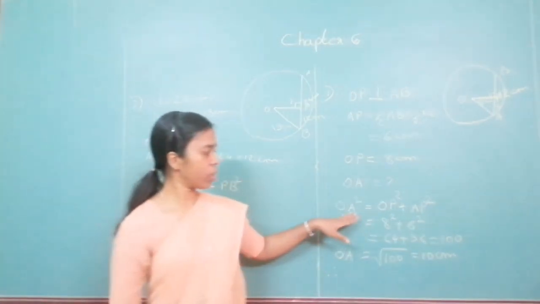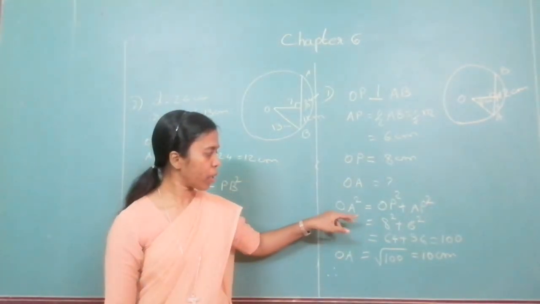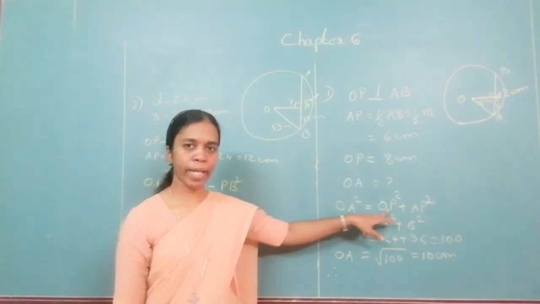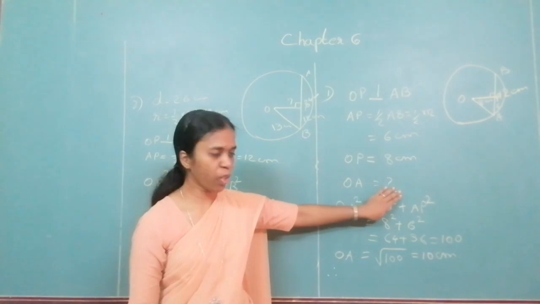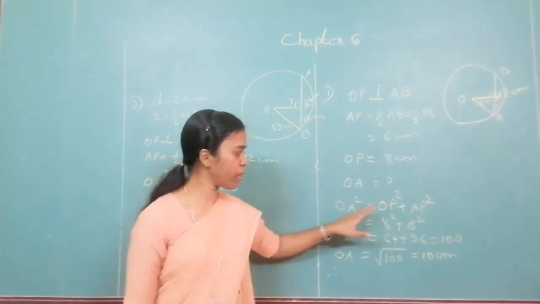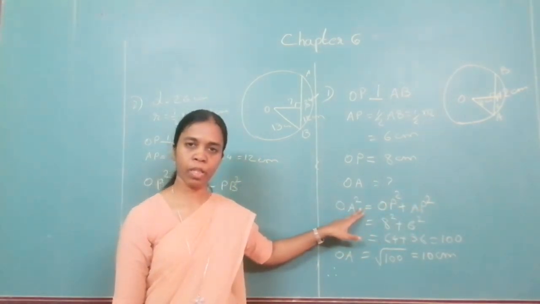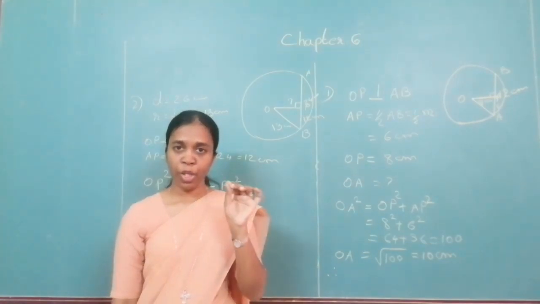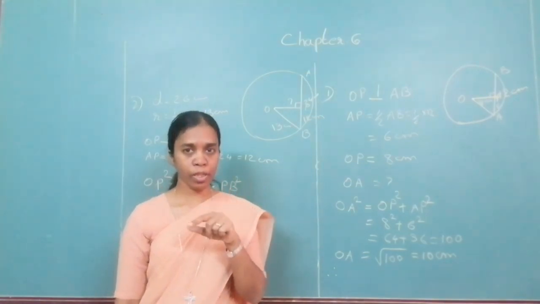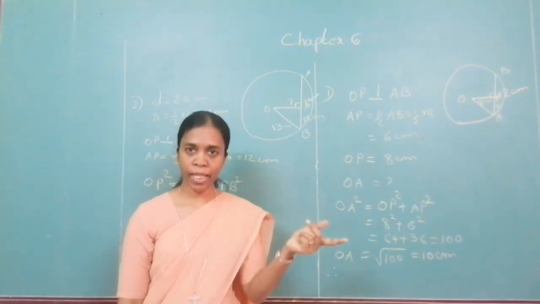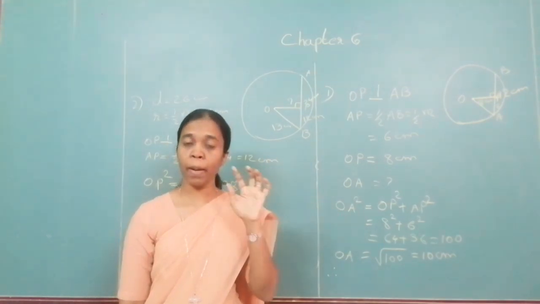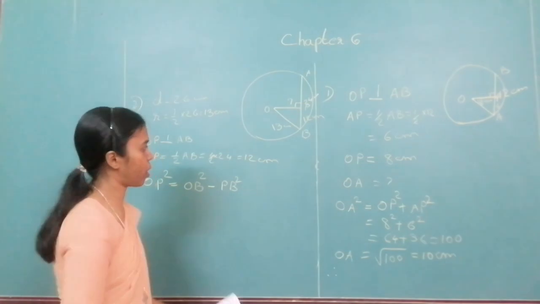Please look over here. Hypotenuse square is equal to side 1 square plus side 2 square. If you have to find any one of them, the other one will become minus. That is, if you have to find the hypotenuse, the other two sides are added. If any one side has to be found, it is minus from the hypotenuse.